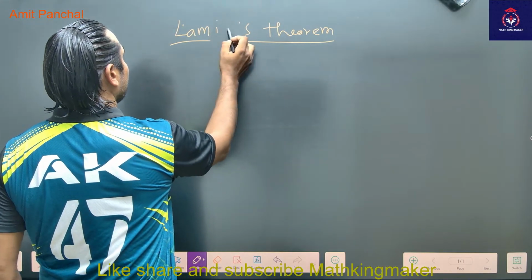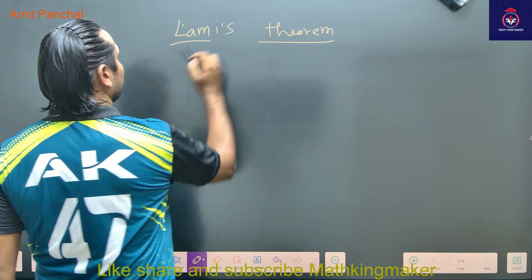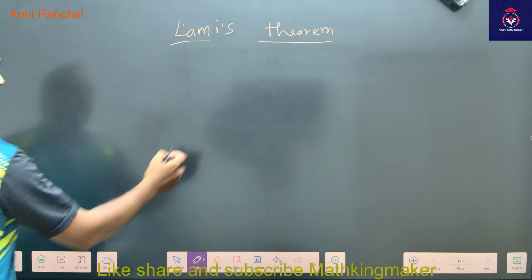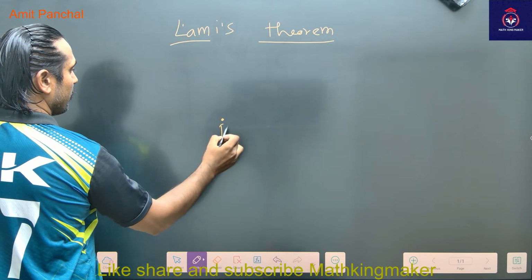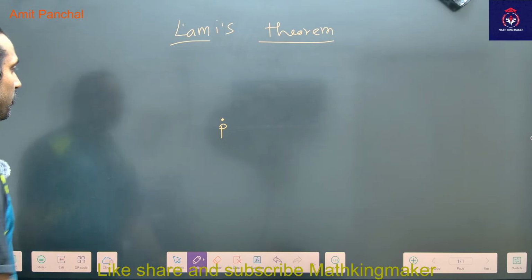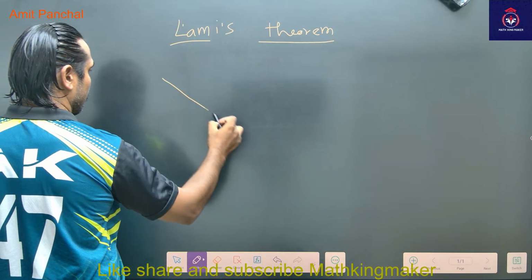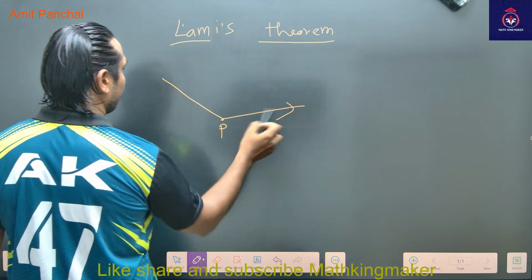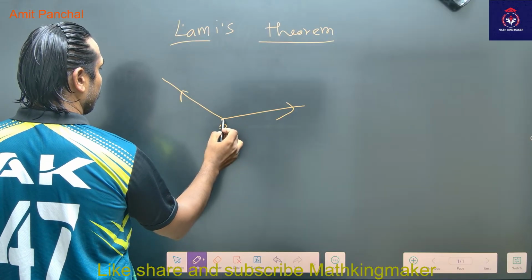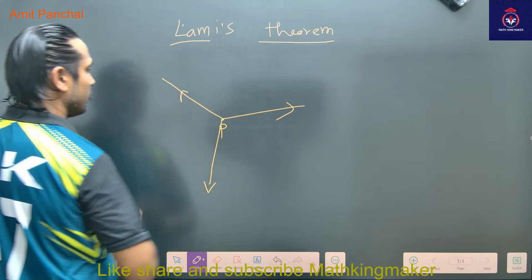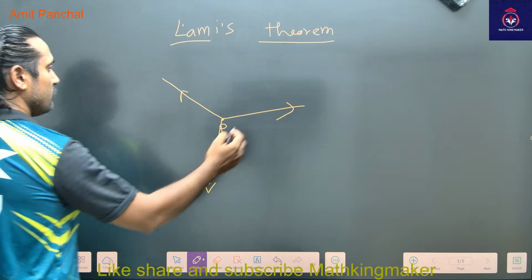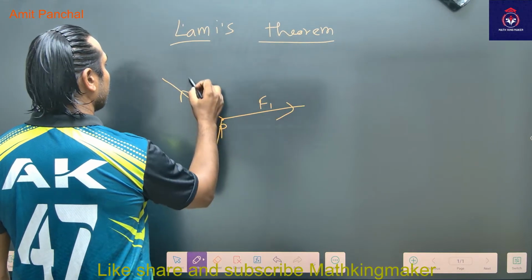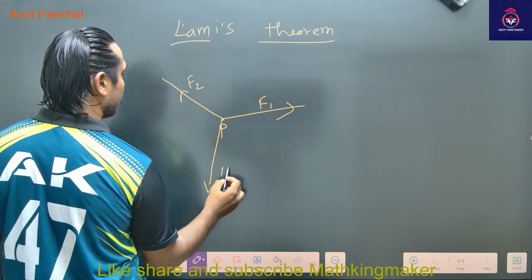So, let us say this is your point P and three forces are applied on this point P. Like we have one force this side, another force this side, and this force is this side. Let us say this is your F1, F2, and this is F3.